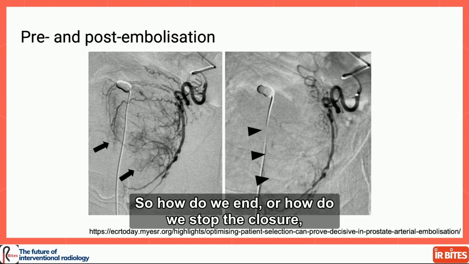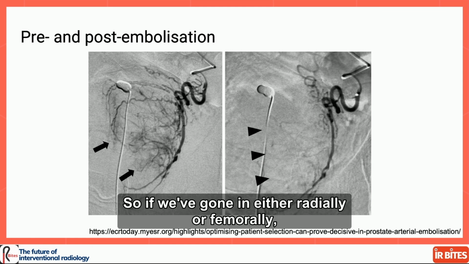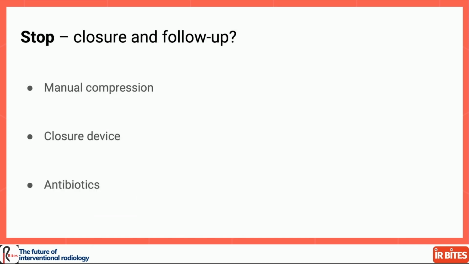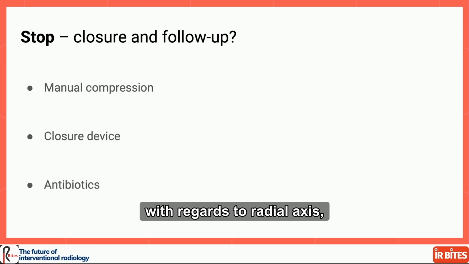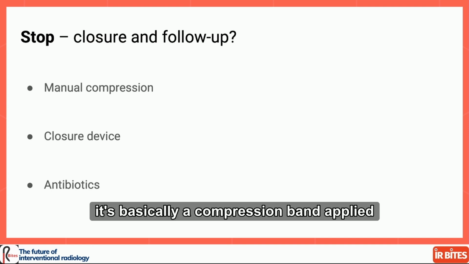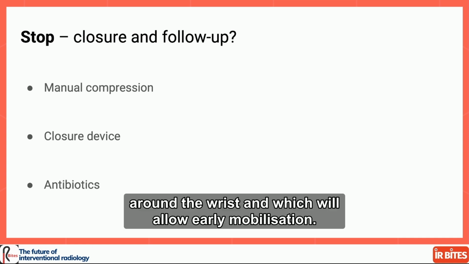So how do we stop and close the case? If we've gone in either radially or femorally, well, femorally you can apply manual compression. With regards to radial access, there are various bands you can apply, a TR band or a SafeGuard, whatever. It's basically a compression band applied around the wrist, which will allow early mobilization.